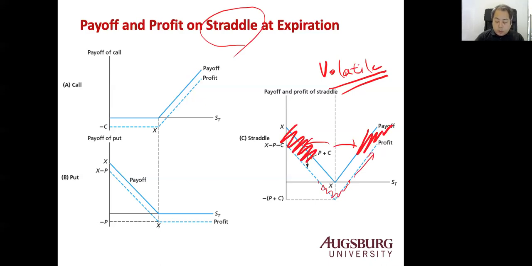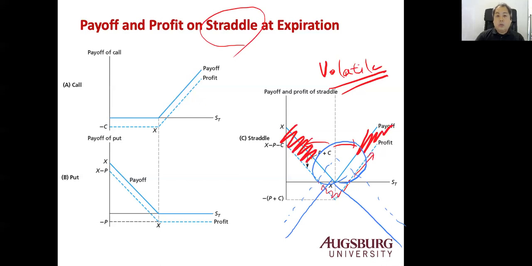Suppose you are short position, then your payoff graph and profit graph are exactly opposite, right? Then you believe that the stock will not be volatile, not fluctuate.